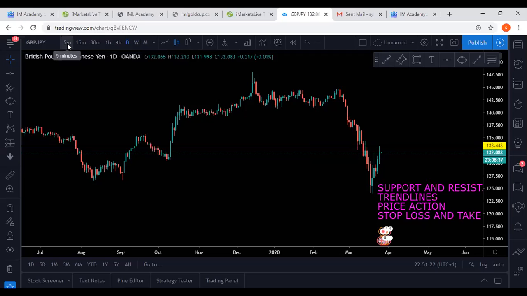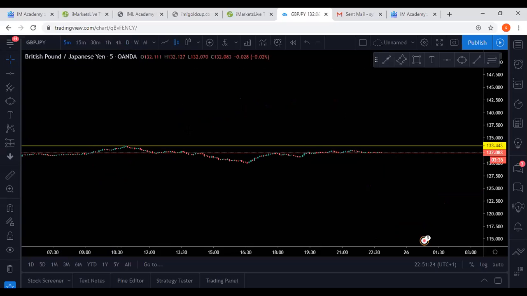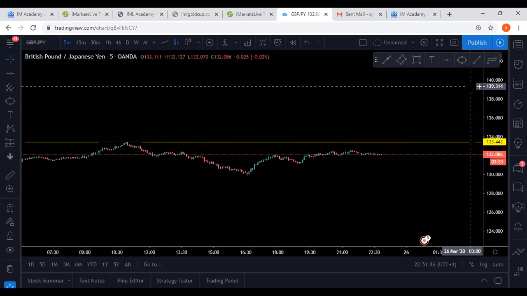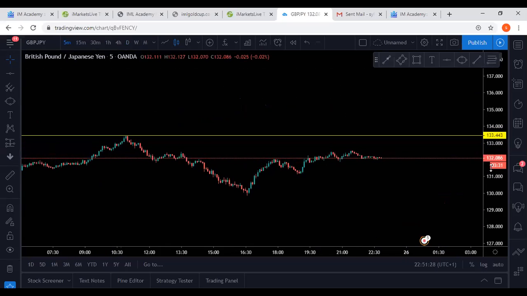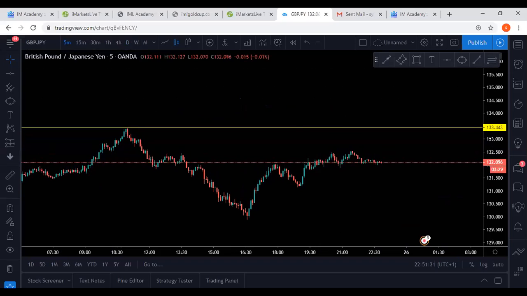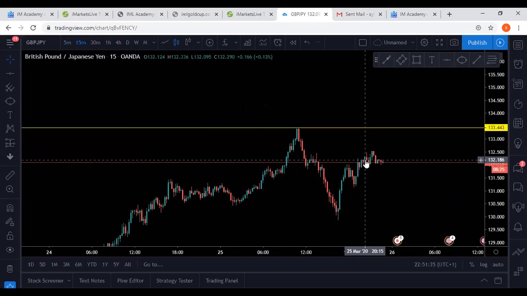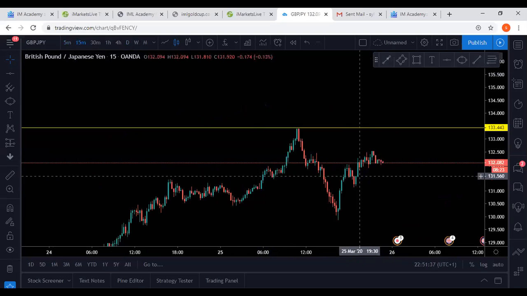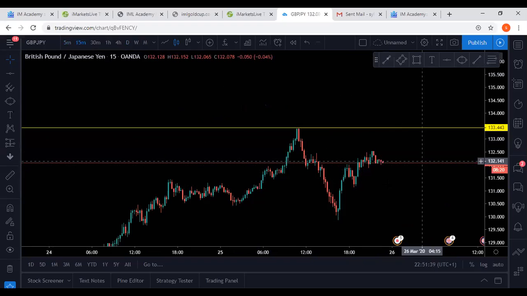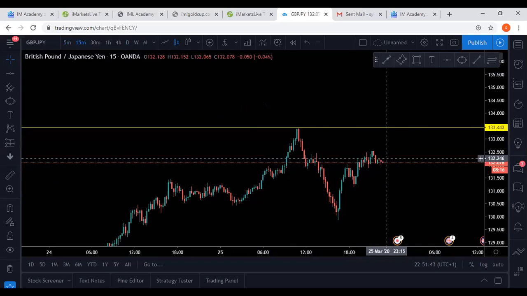What that means is if I switch this to 5 minutes, every candle in this chart takes 5 minutes to form. If I switch to 15 minutes, every candle you see in this chart takes 15 minutes to form. So after 15 minutes is over, another candle will start.